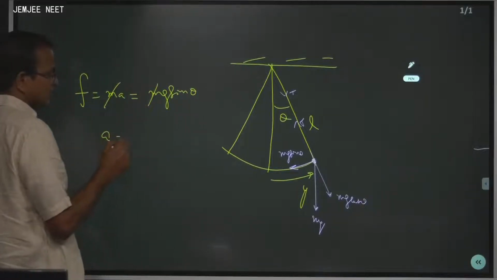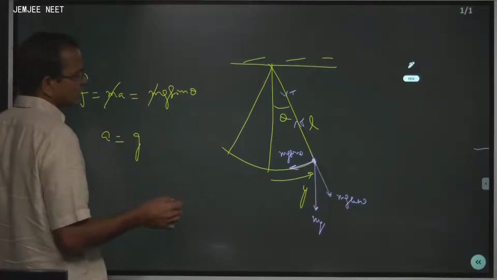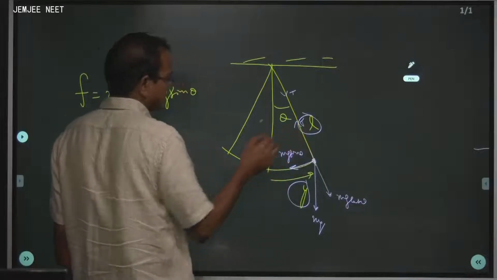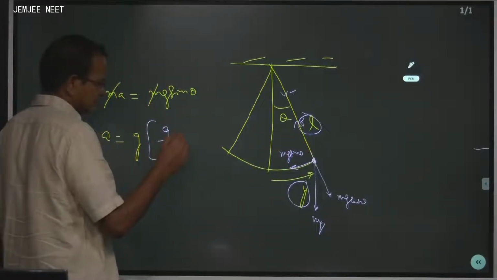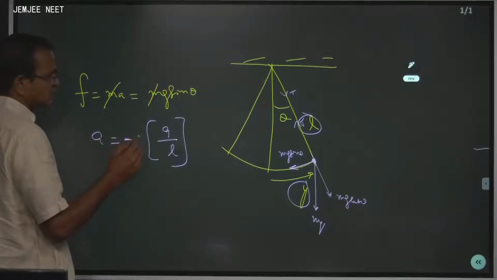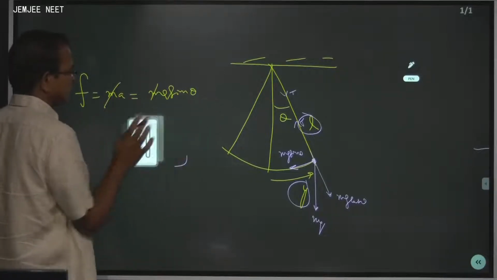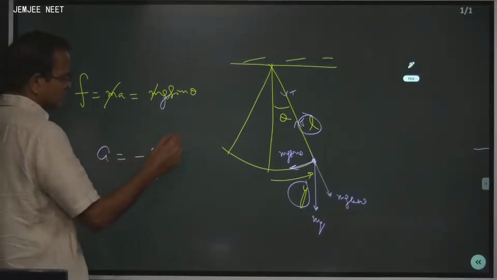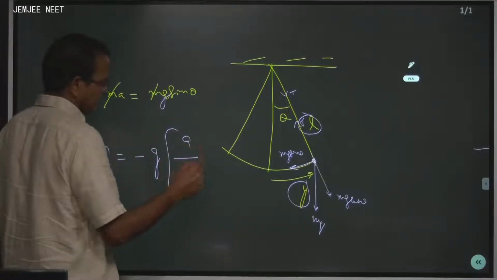So a is equal to g sin theta. Sin theta can be approximately written as y by L. So it is an approximate value. a is equal to minus g times y by L.